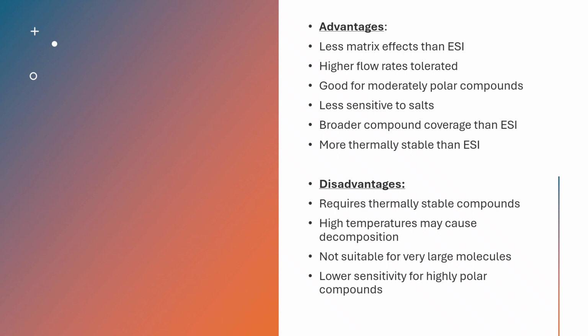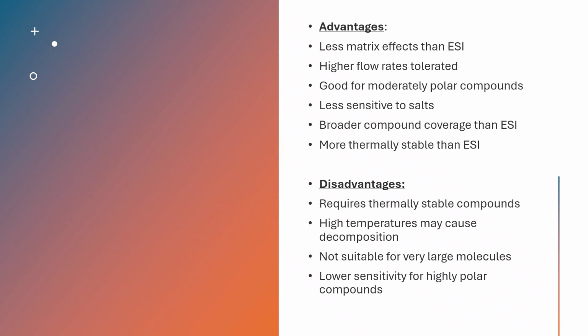It is also less affected by salts and matrix effects, and it can tolerate higher flow rates. So if ESI isn't giving you good results because your compound isn't polar enough, APCI might be your answer.